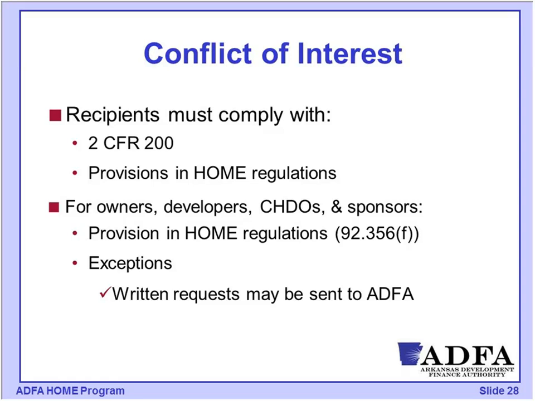So for instance, let's say I was running a housing rehab program in my local community, and I had an income eligible elderly person who was applying for the project, but had a relationship, maybe this is the mother of the housing inspector who's working with the HOME program.